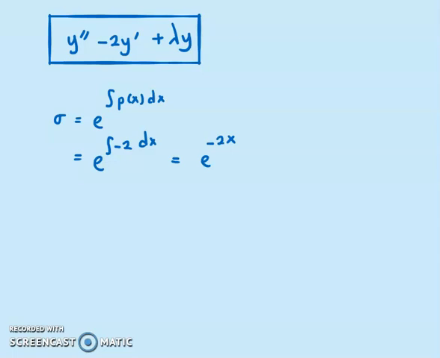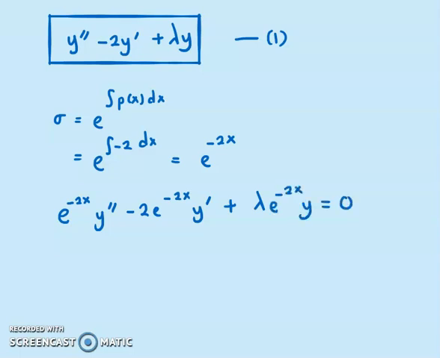Now multiply equation 1 with the integrating factor. You have e^(-2x) y'' minus 2 e^(-2x) y' plus lambda e^(-2x) y equals 0. Now this first part I can write as (e^(-2x) y')'.